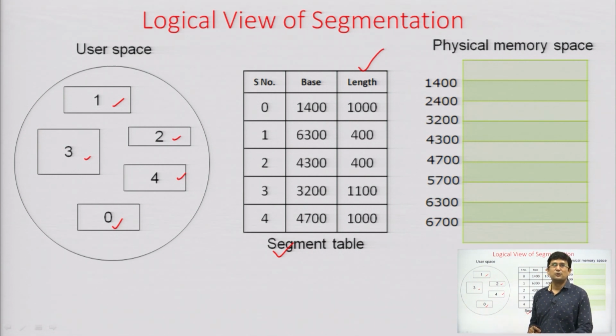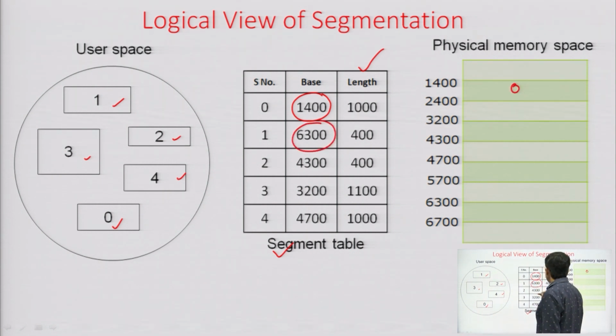These segments are stored in separate portions of the memory, so we are using a non-contiguous allocation scheme here. This is not a contiguous allocation scheme, but a non-contiguous one. Each segment is stored in a contiguous block: one segment will occupy a contiguous region, then the second segment will occupy a contiguous region, and so on. The starting address of segment number 0 is 1400, so segment 0 will be stored here.